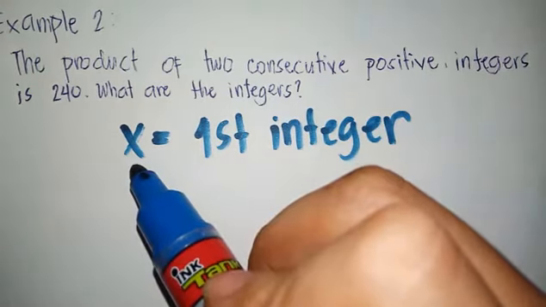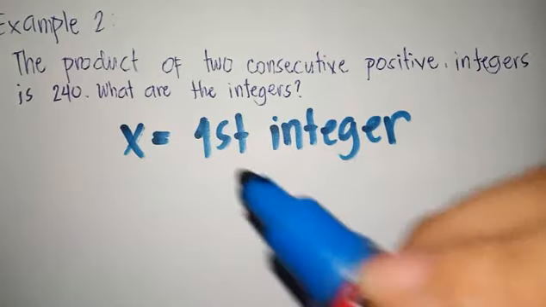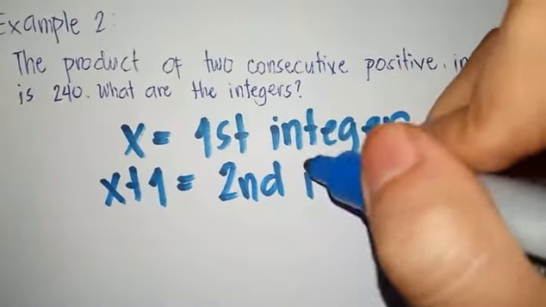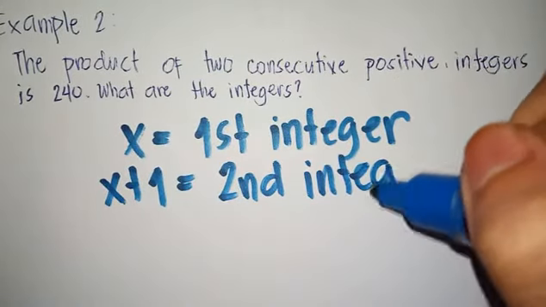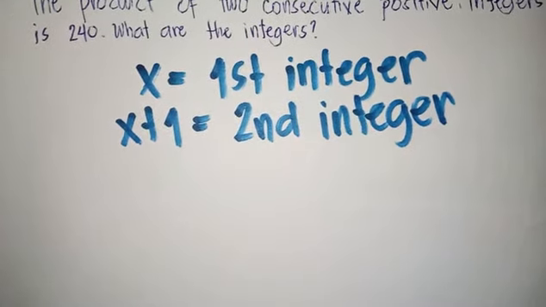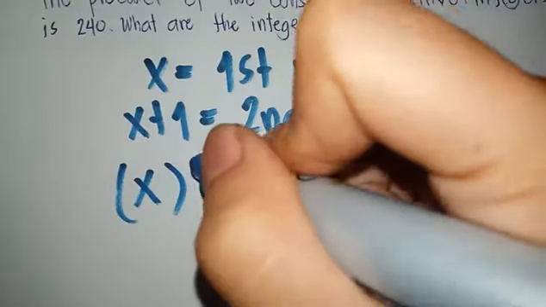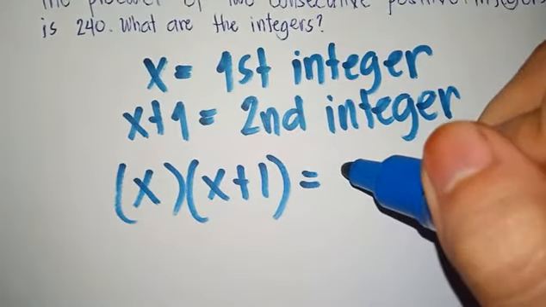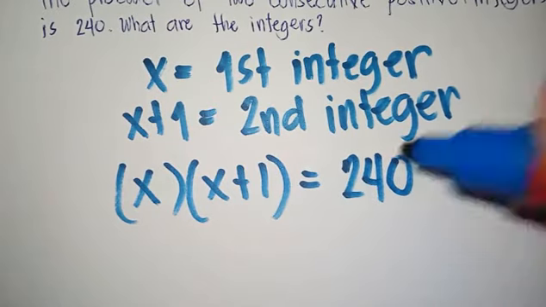Kapag itong x ay yung first integer natin, ibig sabihin x plus 1 will be our second integer. Okay, so sinabi dyan na the product of two positive integers is 240. So we can say that x times x plus 1 is equal to 240.